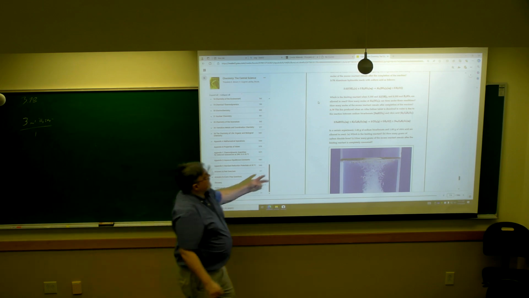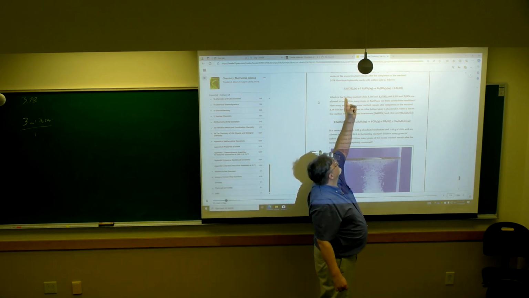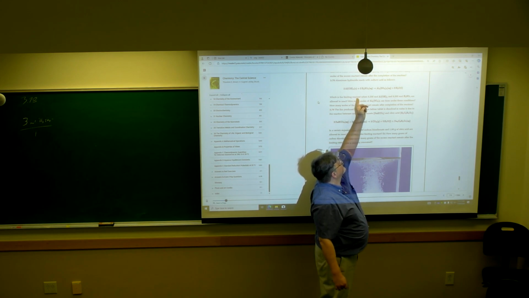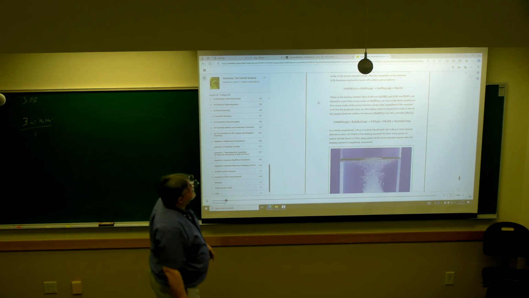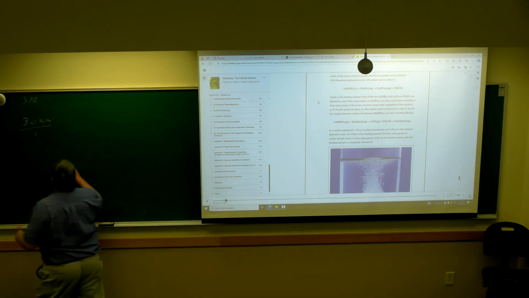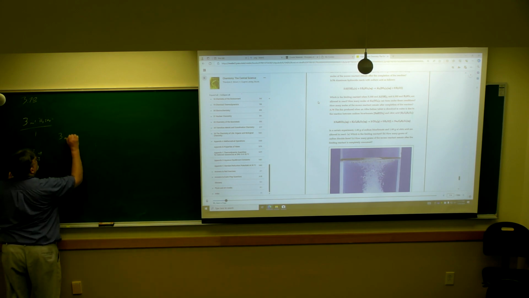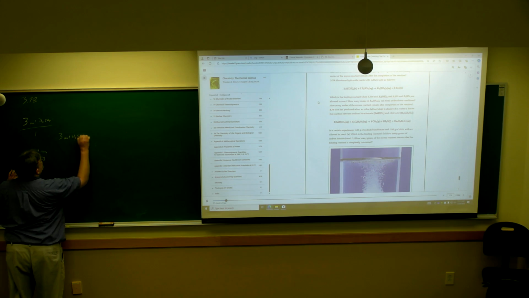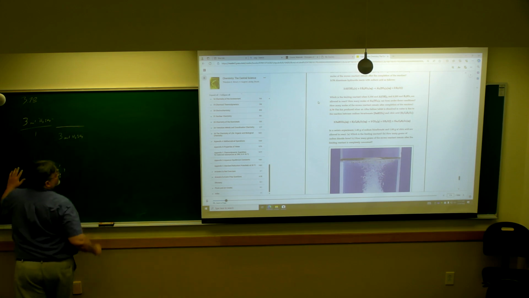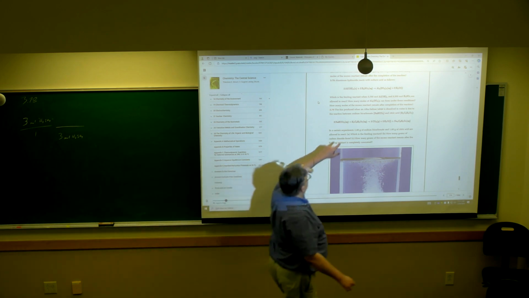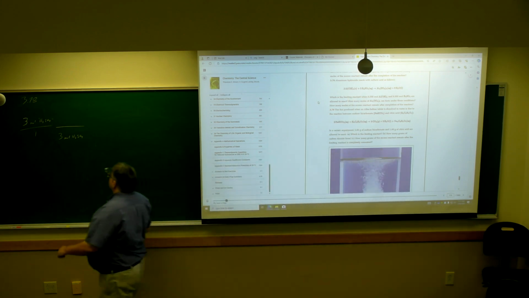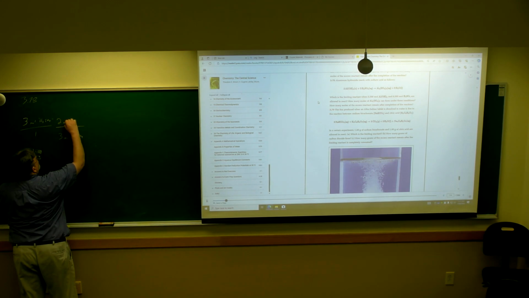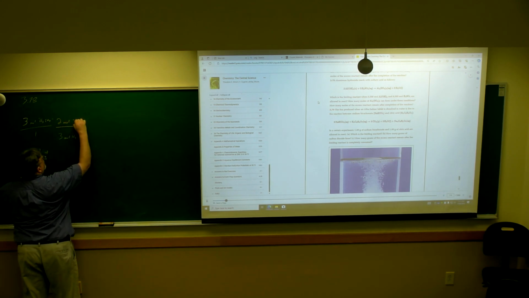And we're going to use this relationship, these two. 3 aluminum hydroxide to 3 sulfuric acid. 2 to 3. 3 moles of H2SO4 to 2 moles of aluminum hydroxide.